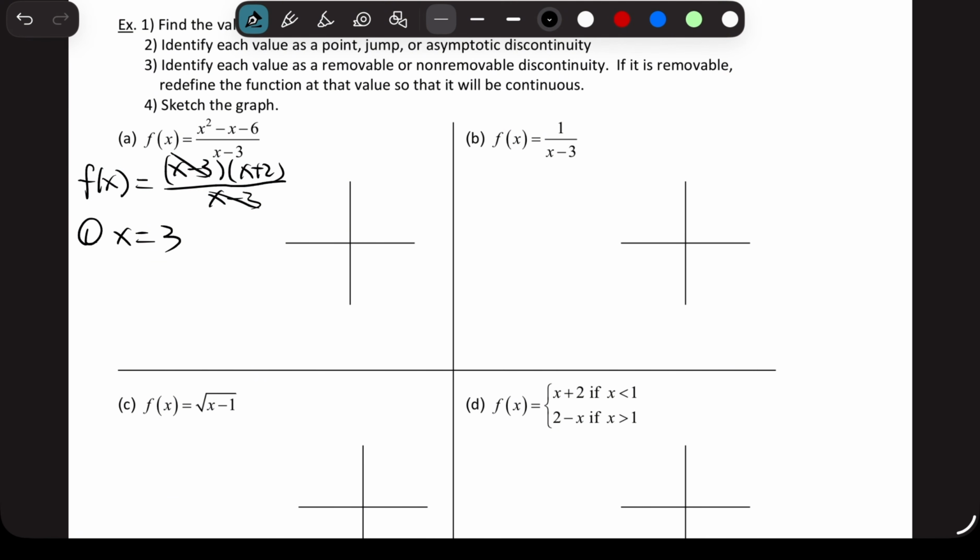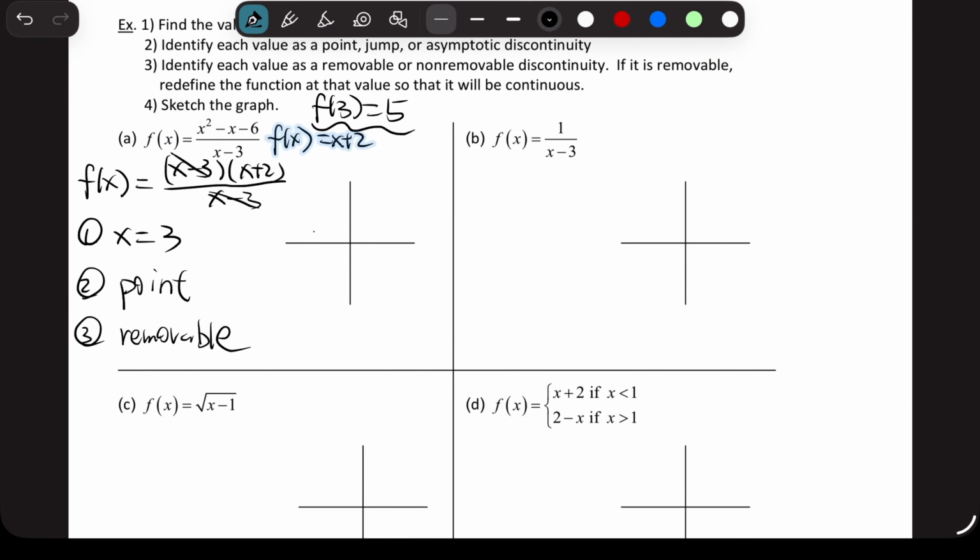Since the hole can be removed, the function can be simplified as f of x equals x plus 2. If you plug x equals 3 in, you get 5. This is defined. Since it can be redefined there, this is a point discontinuity, and since it's a point discontinuity, it is removable.